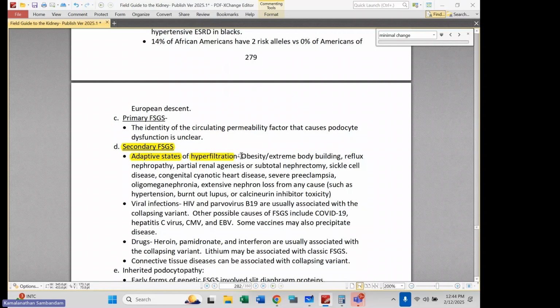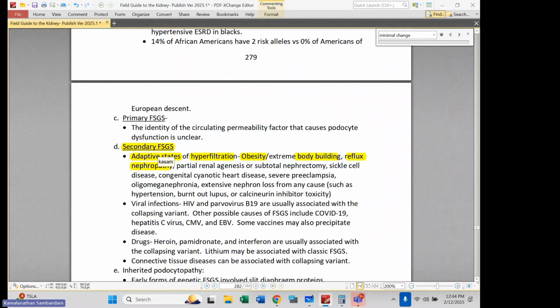Some of those demands may come from body habitus, including bodybuilders. This is kind of described in the bodybuilding world, where these individuals are predisposed to secondary FSGS. Anything that knocks out functional nephron and leaves the remaining nephron to pick up more of the homeostatic demand can result in this so-called adaptive FSGS.